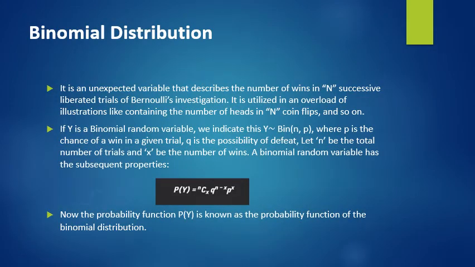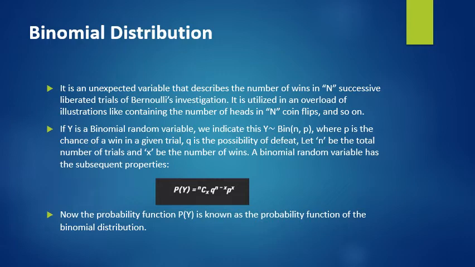Binomial distribution. It is a random variable that describes the number of wins in successive independent trials of a Bernoulli experiment. It is utilized in everyday illustrations like counting the number of heads in n coin flips and so on.